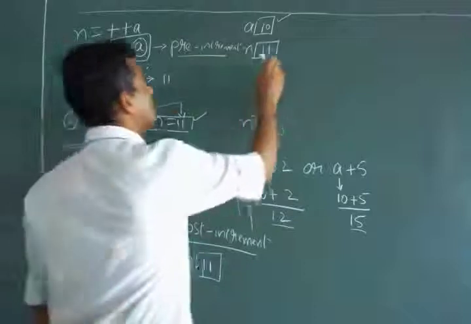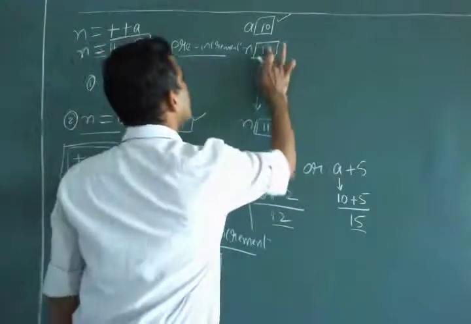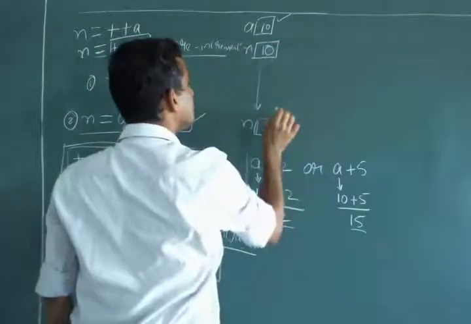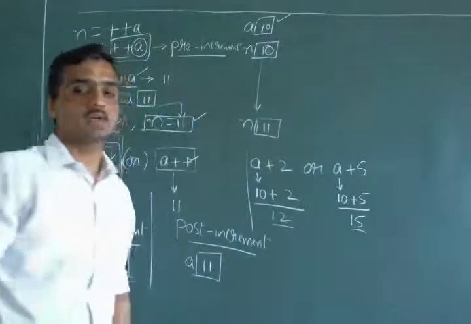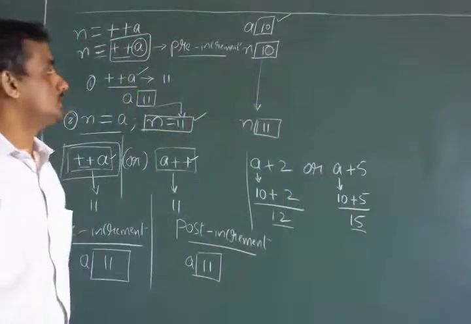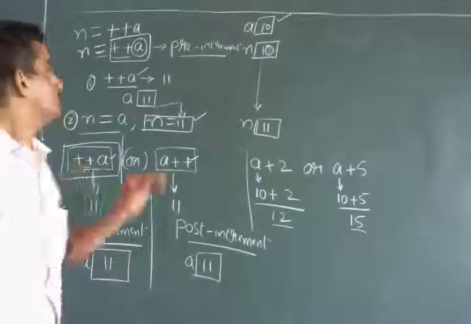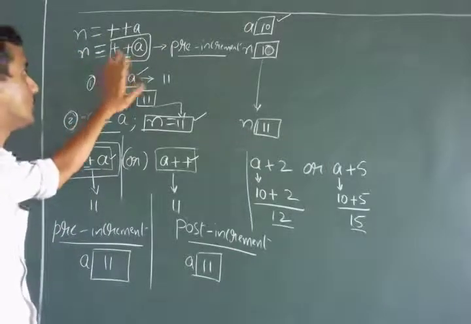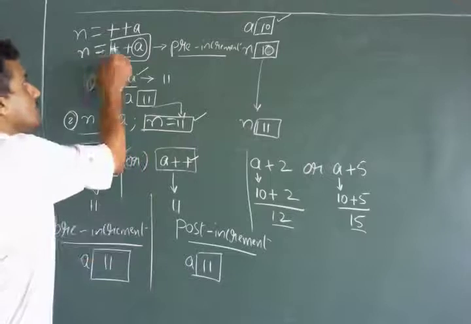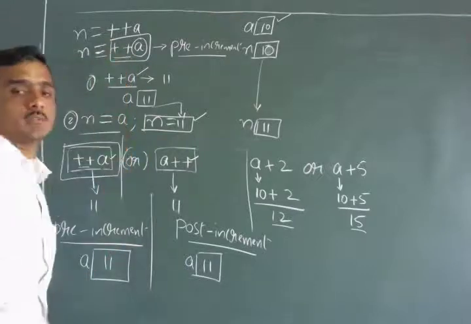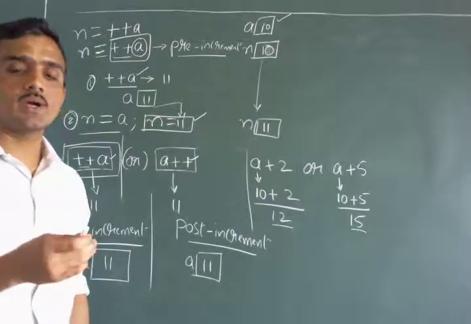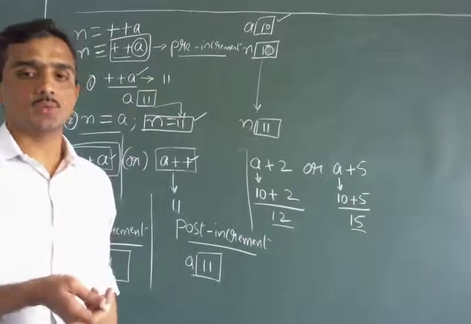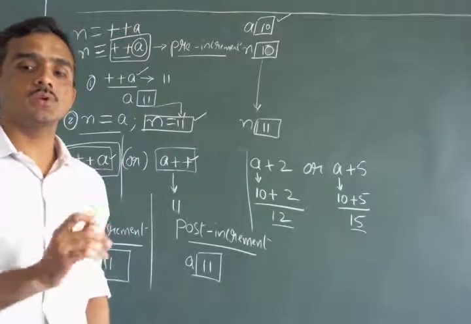If you are getting confused, then let me consider 10 only here. So the final value will be 11. Okay, so once again I will tell you, just listen. Whenever you come across this type of statement, n is equals to plus plus a, what do you do? Here we have two types of operator, assignment and increment. Not only in this case, whenever we have two different types of operators, there you have to see which one you have to solve first.